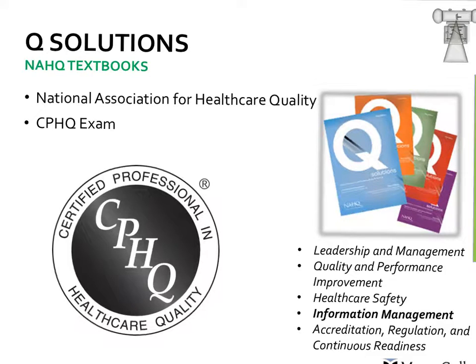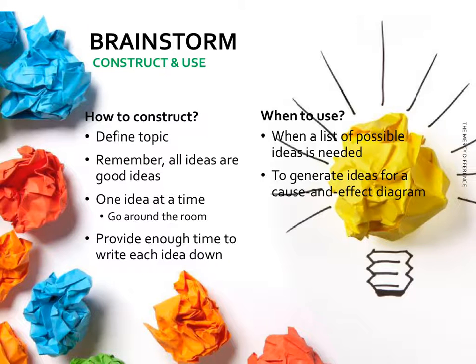Now, we talked about brainstorms before, and brainstorms are not overly complex to use, but how we construct them and how to use them, you can see here. Of course, the first step is to define the topic, get that topic out there, get people to think about it for a little bit of time, and then start to gather all the ideas. And just remember that, yes, all ideas are good ideas.